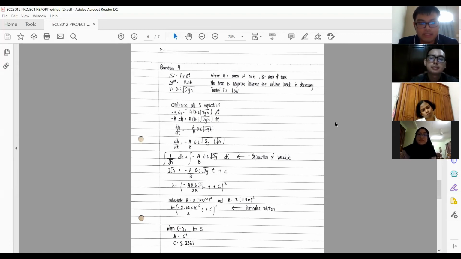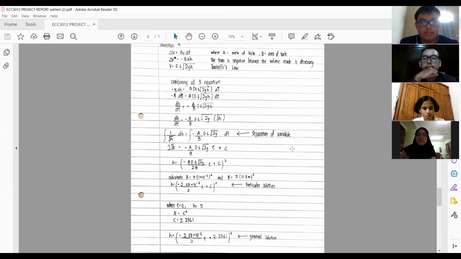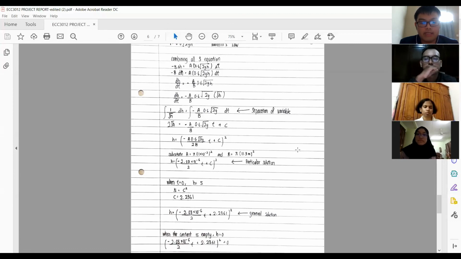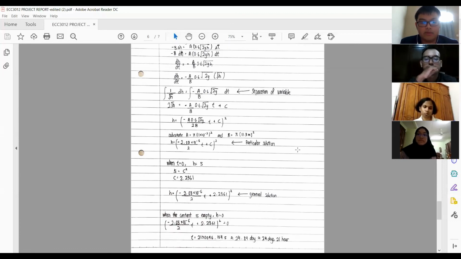By substituting the area of the hole and the area of the tank, we will get the particular solution of our equation. And then finally, we substitute when t is 0, H equals 5, and we get the general solution for our equation. And lastly, when the tank is empty, it means that the height is equal to 0.